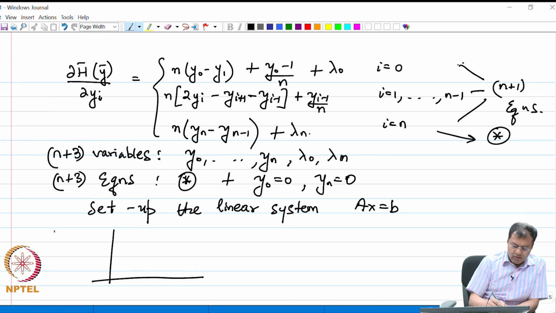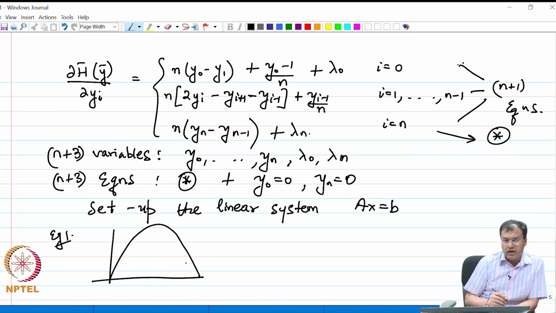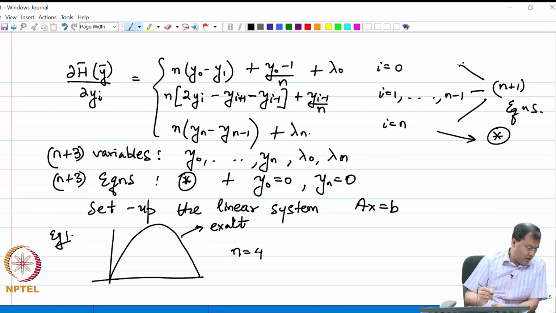So, this is our example 1. If we were to plot the exact solution, which was shown in our previous slide, the exact solution looks like this, and if we take only 4 grid points, we see that 3 of them will be interior and 2 will be on the boundary, and we get a very jagged type of approximate solution, right.